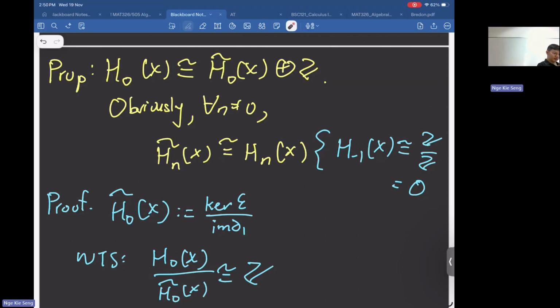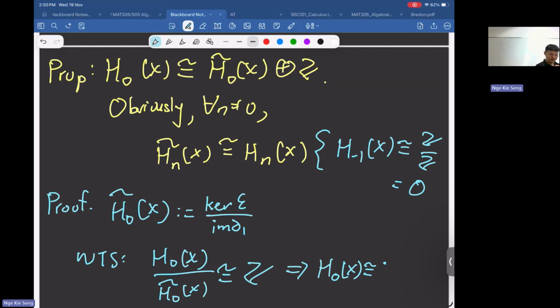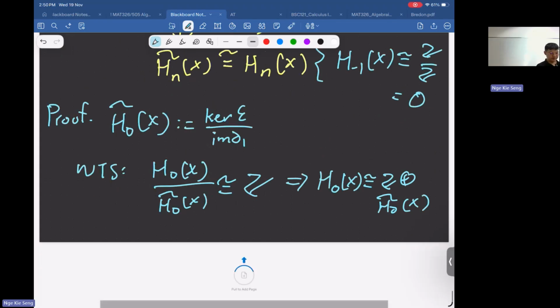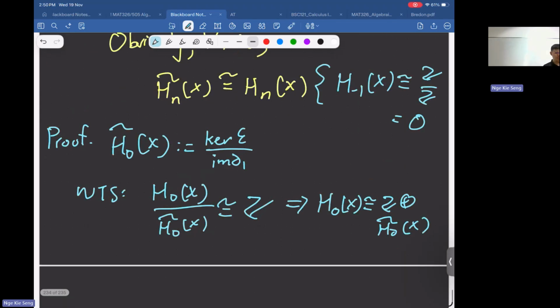If we can show this, this implies h naught x is isomorphic to Z plus h naught tilde x. Meaning we want the map from the homology h naught x to Z. How should we do this?